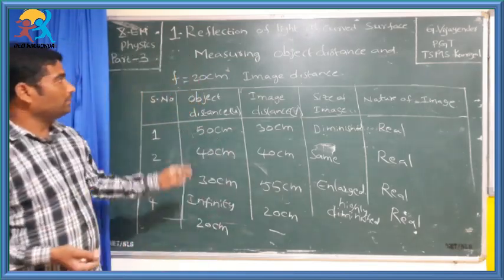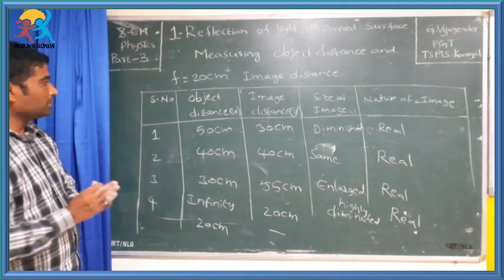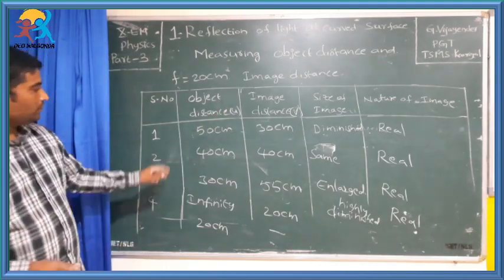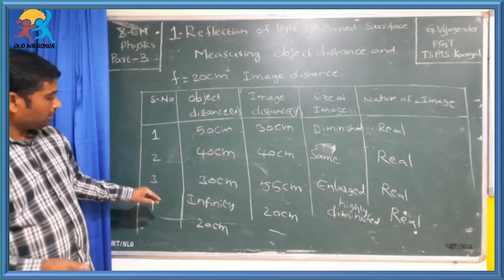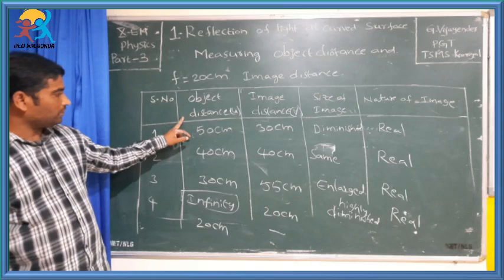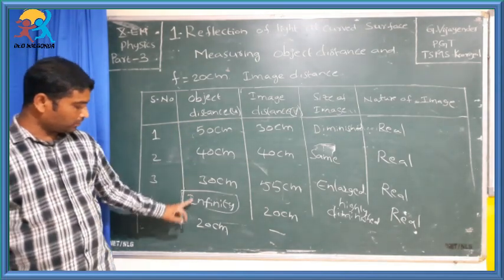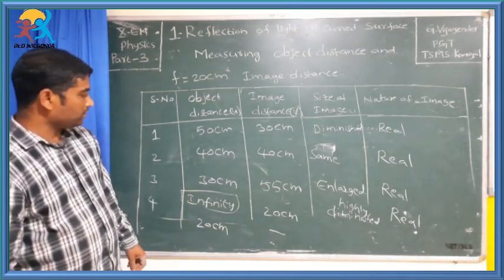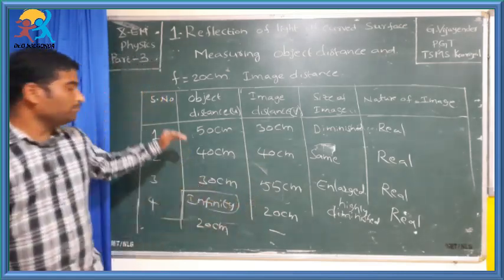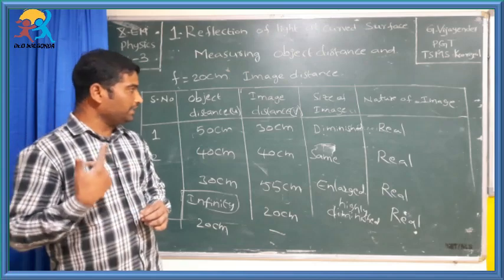So this is the method by which we can measure the object distance and image distance. If we observe the object distance and image distance from top to bottom, as the object distance decreases from 50 centimeters to 40 to 30 centimeters, the image distance increases.